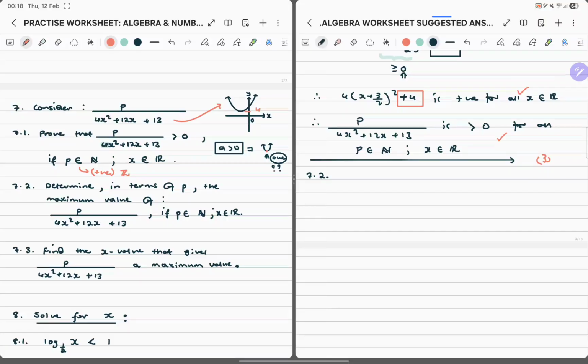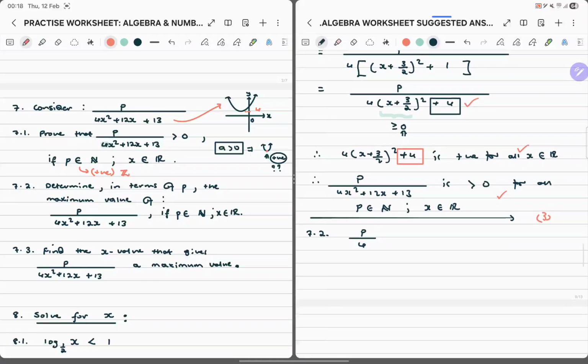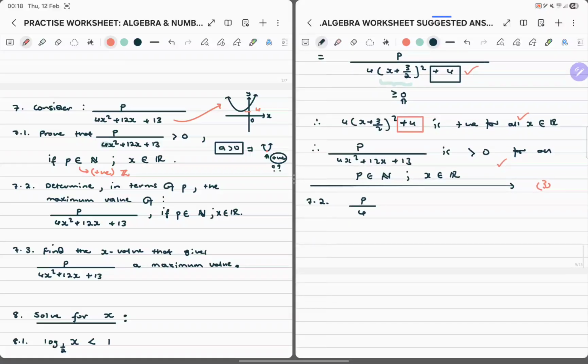A variable in algebra for your level is the x and y. So essentially the denominator must be the minimum, so this is just going to be p over 4. We take the minimum value of the denominator and the maximum value of the numerator, and the maximum is whatever value p is, because it's a constant. So again, this is just a 1-mark question guys, nothing really serious.